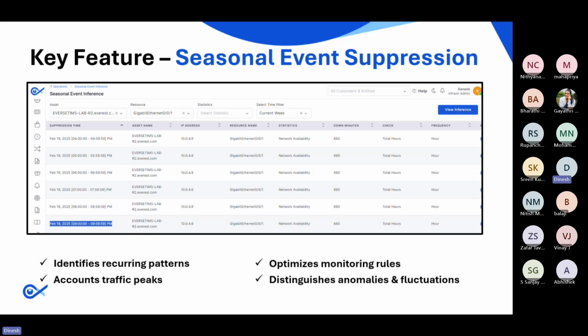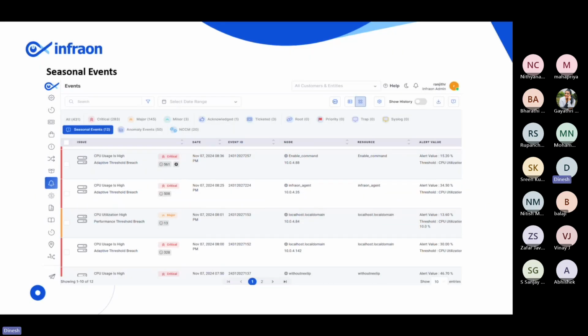That is the difference. So instead of alerting repeatedly, these seasonal events get suppressed, and it only alerts when something deviates from this pattern, as I mentioned previously. This significantly reduces noise and helps you focus only on the real problems rather than having multiple false alerts.